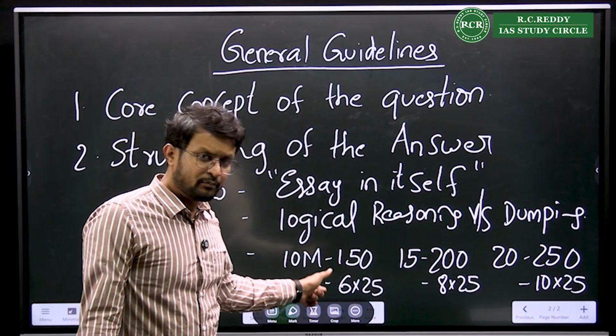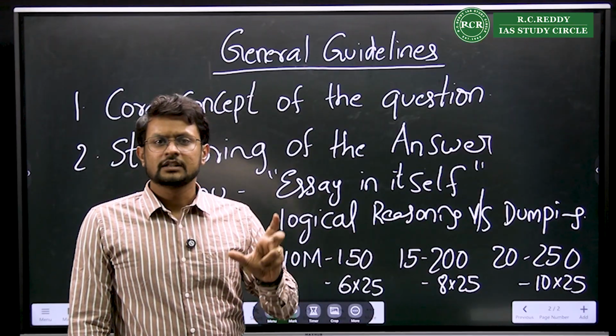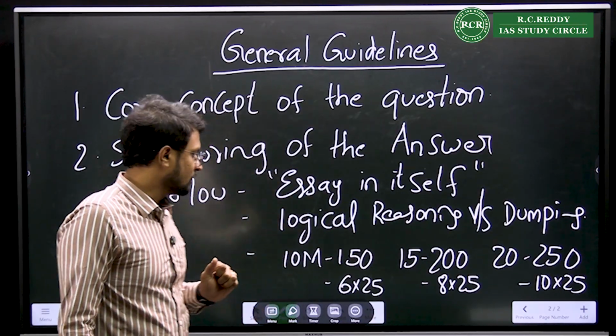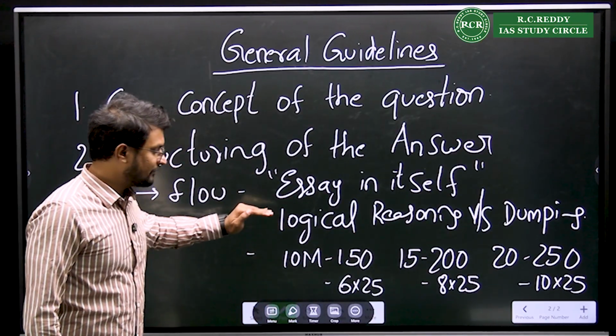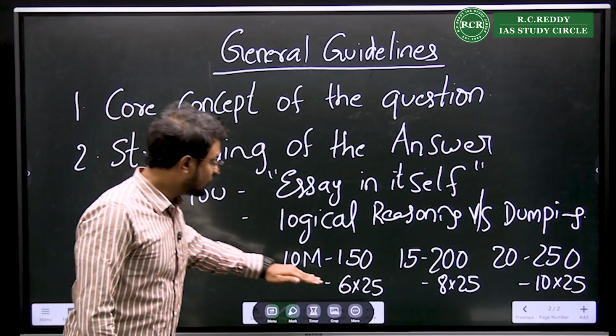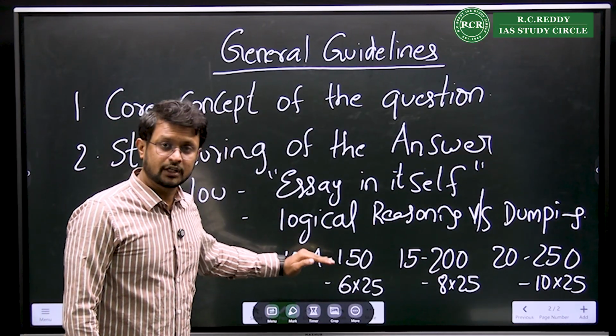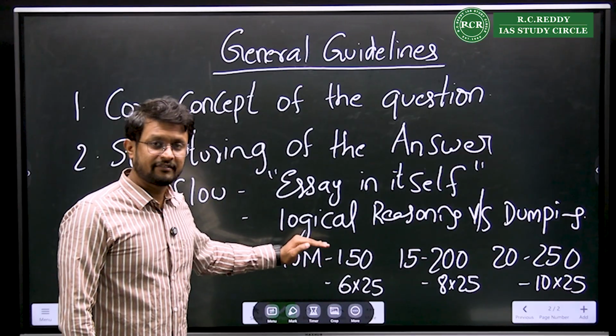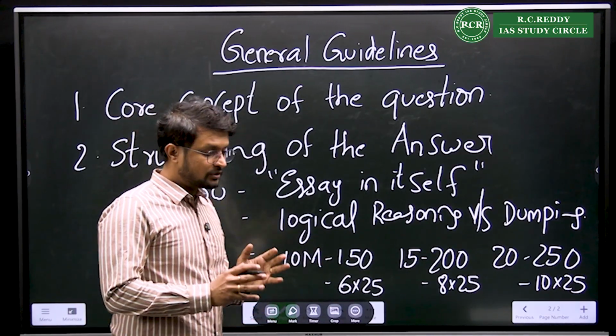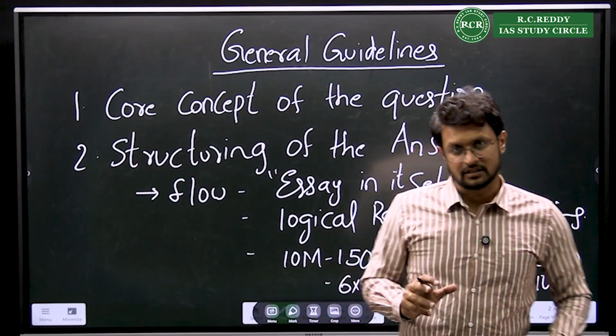This is a thumb rule, but it can vary. It is not written in stone. So now you know that for a 10 marker, you need to have 6 to 7 proper arguments, so that you can logically write the answer.